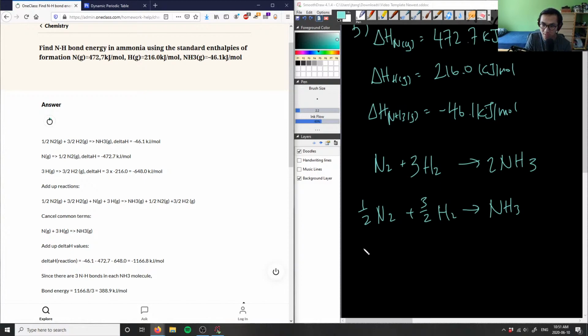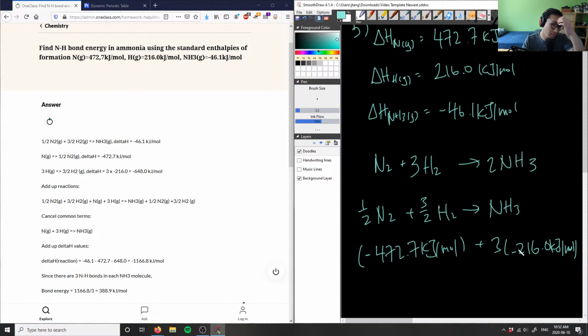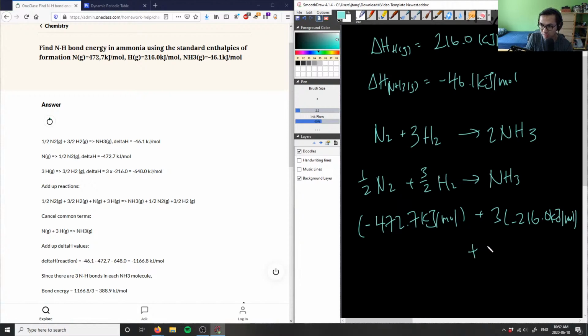So this would be negative 472.7 kilojoules per mole, plus 3 times negative 216.0 kilojoules per mole. And also we have to add in the ammonia, obviously, which is negative 46.1 kilojoules per mole.